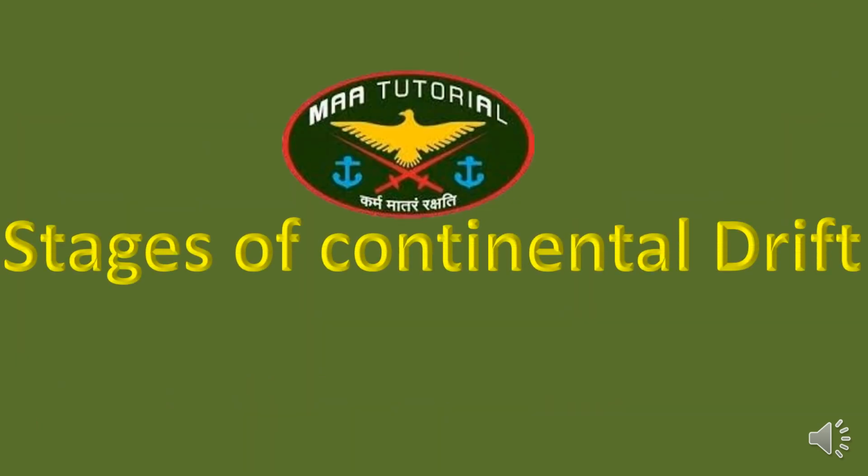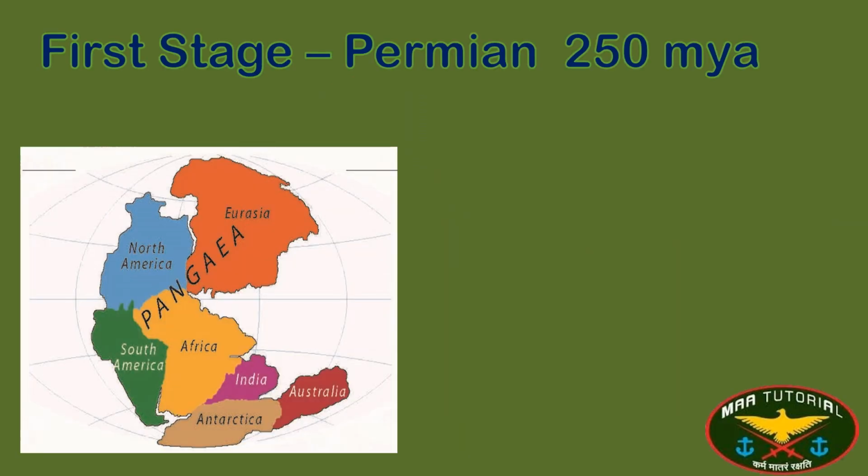We need to know the stages of continental drift. The continental drift goes through 5 stages. The first stage is the Permian stage, about 250 million years ago. In this stage, all the landmass was united and called Pangea, surrounded by the mega ocean Panthalassa.